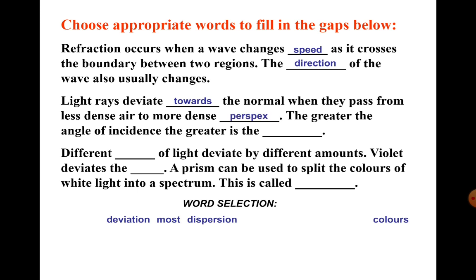The greater the angle of incidence, the greater the angle of refraction, so the greater the deviation. Different colors of light deviate by different amounts. Violet deviates the most. A prism can be used to split the colors of white light into a spectrum. We call this dispersion.